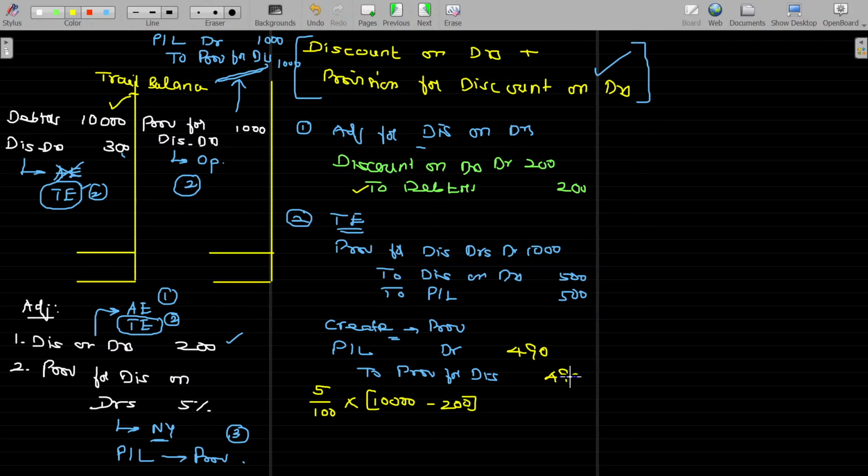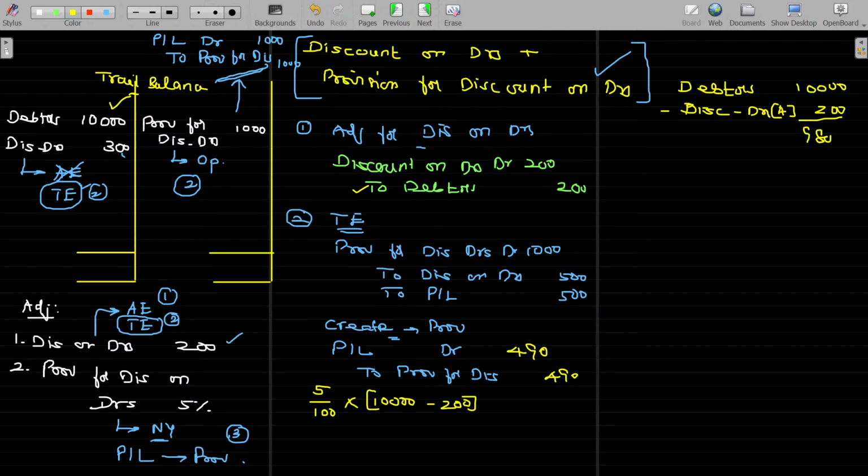Or you can have this as a small working note. The small working note is this way. Debtors balance being 10,000 rupees. From there minus discount on debtors given in the adjustment, which is 200 rupees.